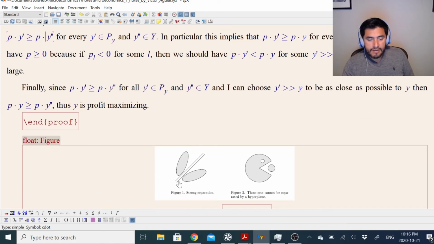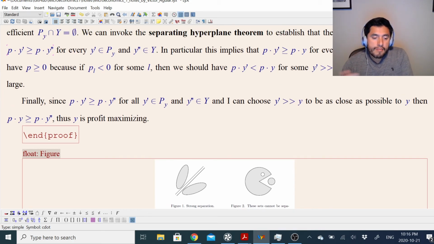So basically, you have this line, and if you multiply this vector with a point here, it is going to give you a lower quantity than the multiplication of this vector with a point here that is above. Now, the final part is that I have to show that, in particular, this implies that p times y prime is greater than or equal to p times y for every y prime in the set P(y). So it's not only for one item, it's for all y prime in P(y).